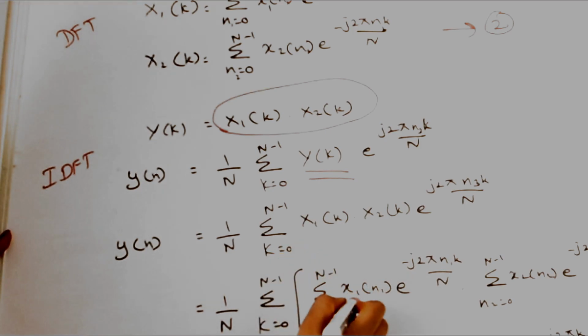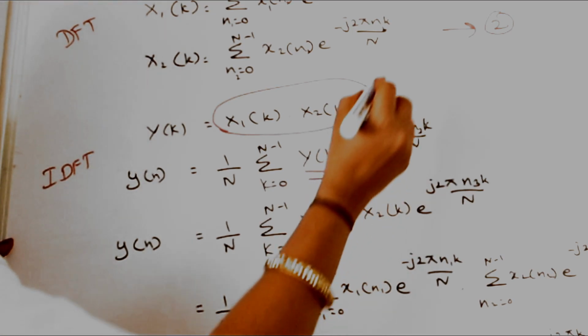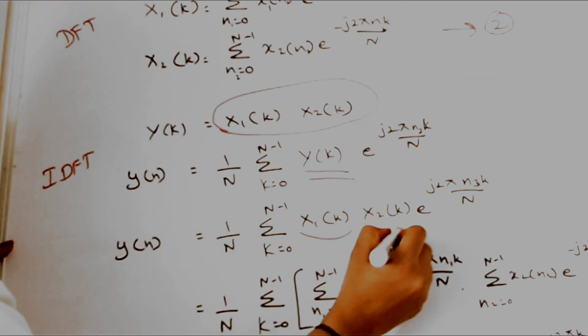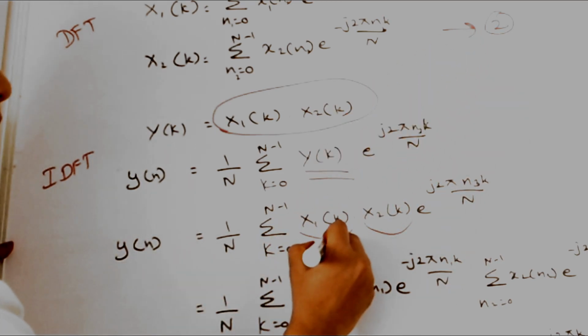In the next step, for X1 of k I am substituting the first one, and for X2 of k the second one.